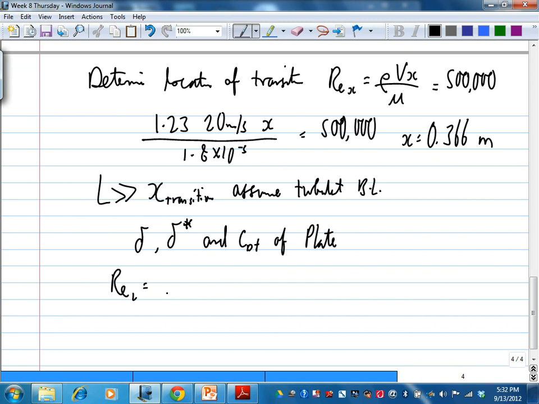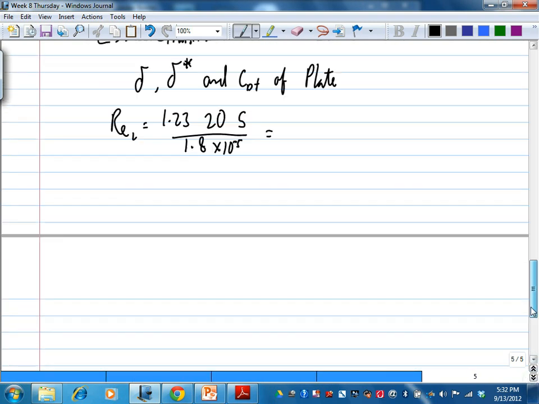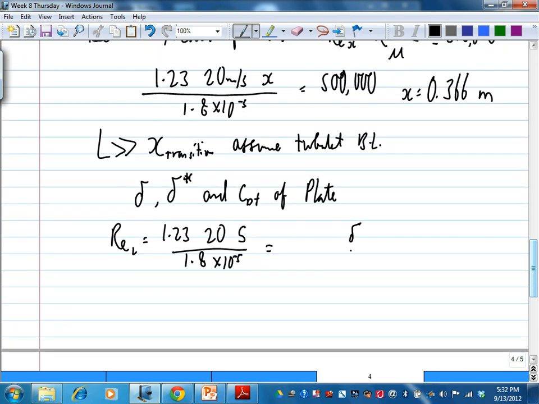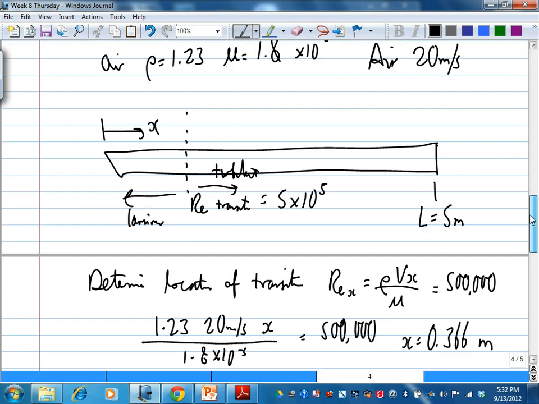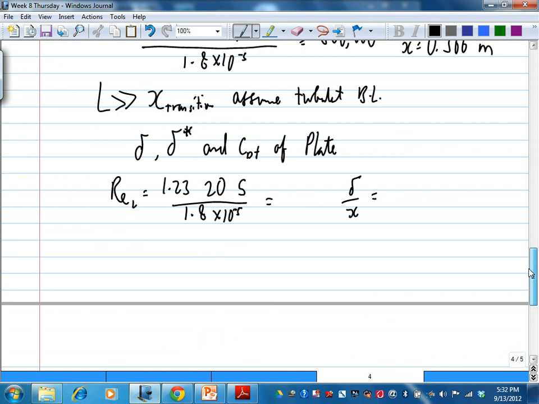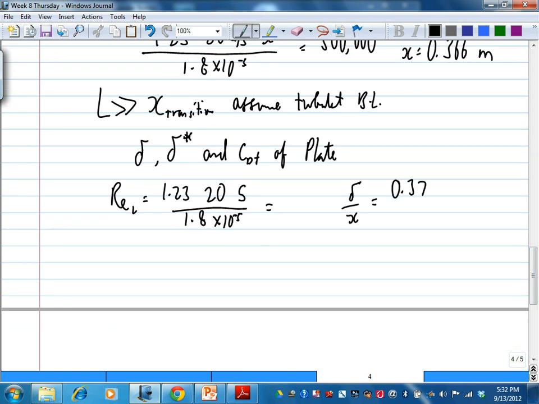Re_L is equal to rho 1.23 times 20 times 5 over 1.8 by 10 to the minus 5. What answer is that? All right. Then delta over X is equal to, what's the number? 0.37. 0.37 over Re to the 1 on 5.